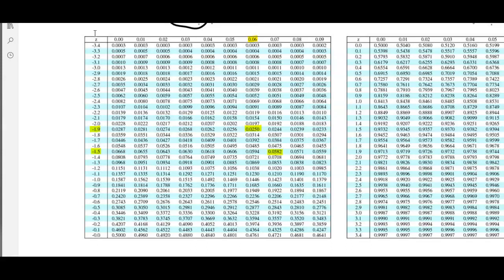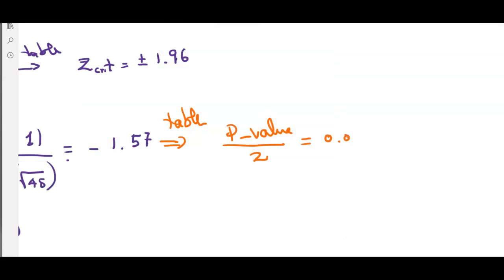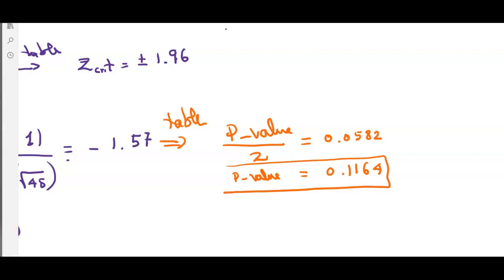It's going to be 0.0582. If this is half, the p-value will be double this, 2 times this. This is 0.1164, all right, so this is my p-value.